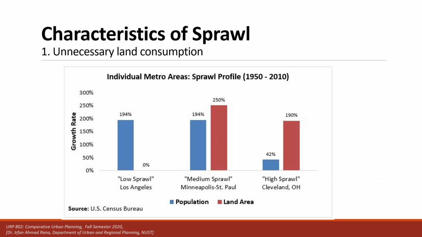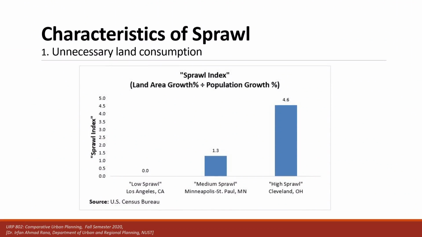According to data, nowadays even some European countries are also facing increased sprawling. What we usually use to measure urban sprawl is an index: the percentage of growth of an area divided by the percentage of population growth. By dividing this, we can find out what sort of development is happening.